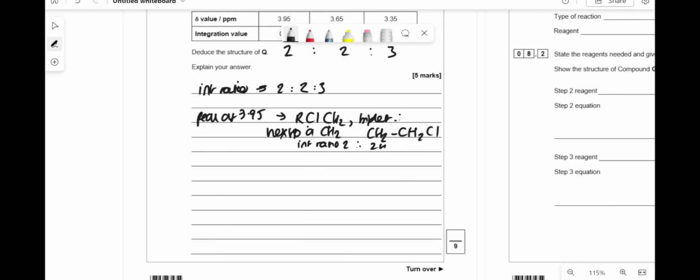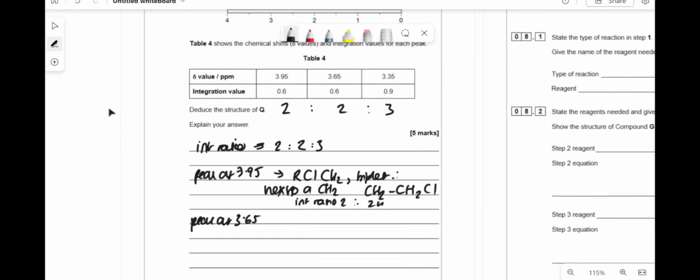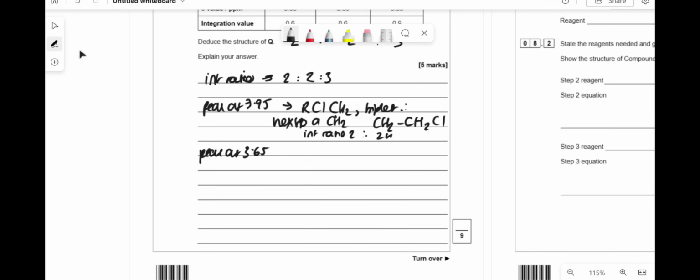I mean, you have to say all of this for 1 point. At 3.65, if we look at 3.65, it's a triplet. So whatever's next to it has to be a CH2, and it's an integration of 2. So let's have a look what this correlates to. 3.65, according to the data sheet, is, we've already tackled the one with the Cl, so it's probably not going to be RCH2Cl.